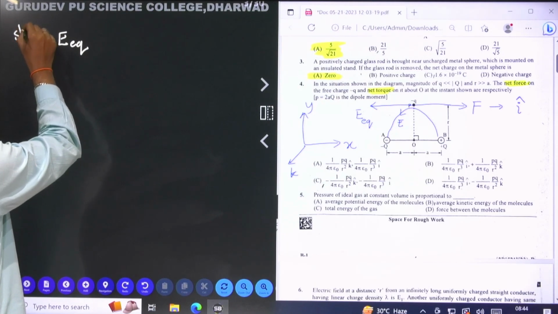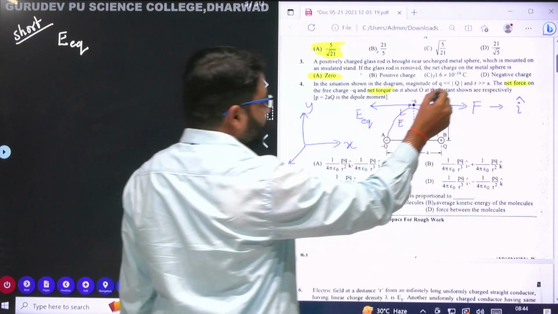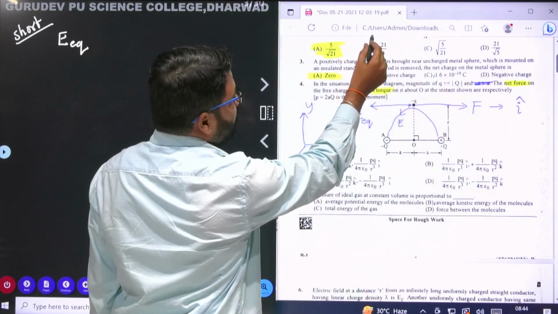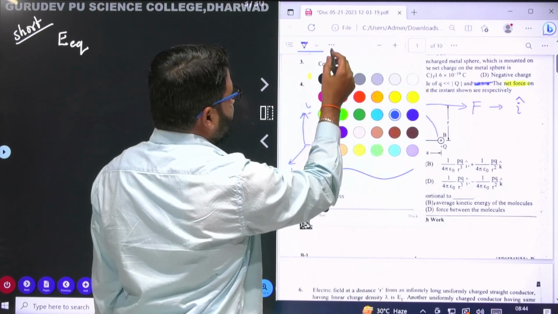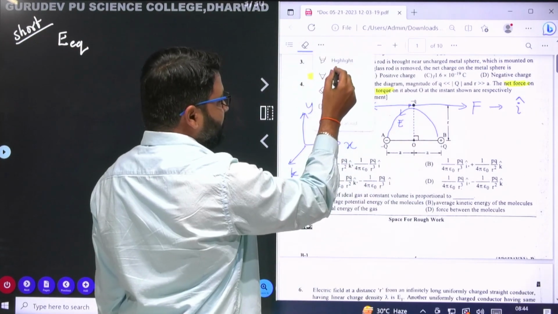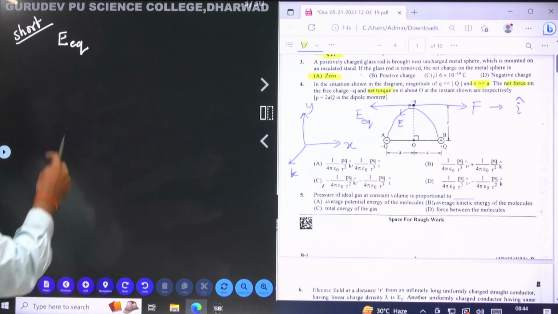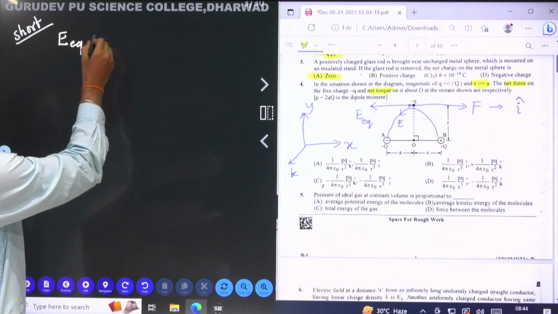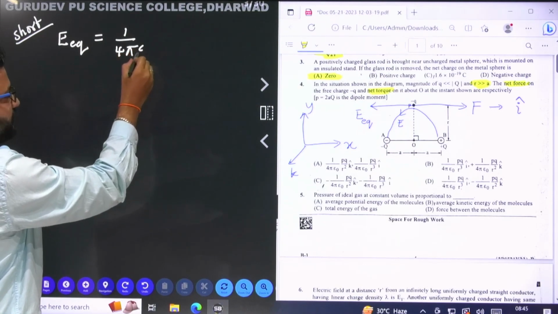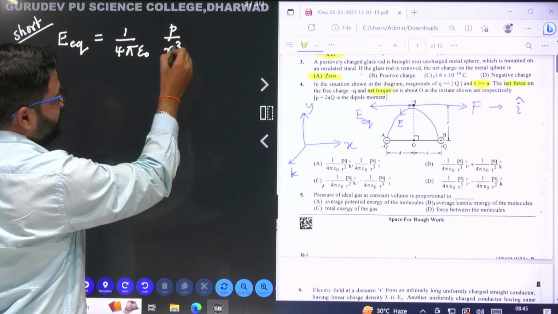Since r is much greater than a, as given, I have to take it as a short dipole to solve it. So E equatorial is equal to 1 divided by 4 pi epsilon naught, into p divided by r cube.